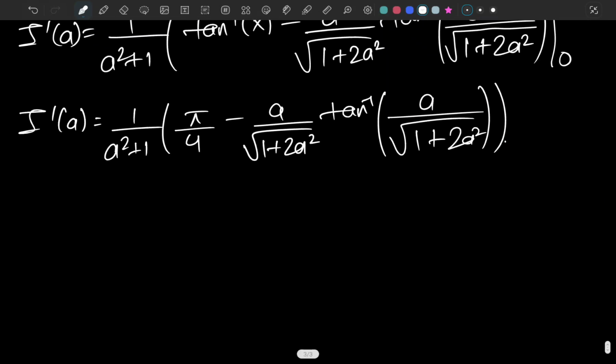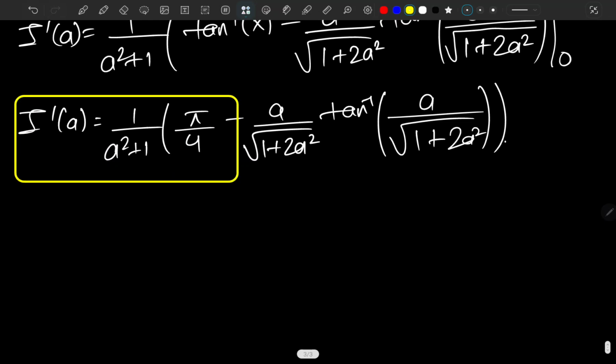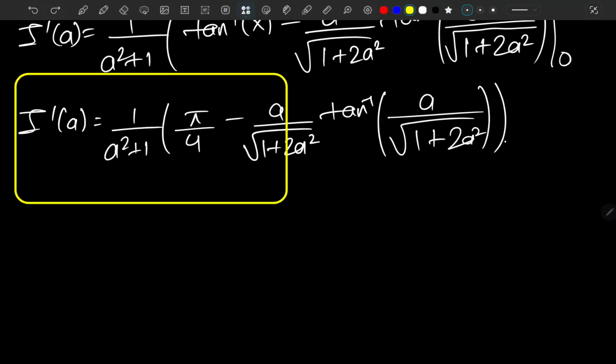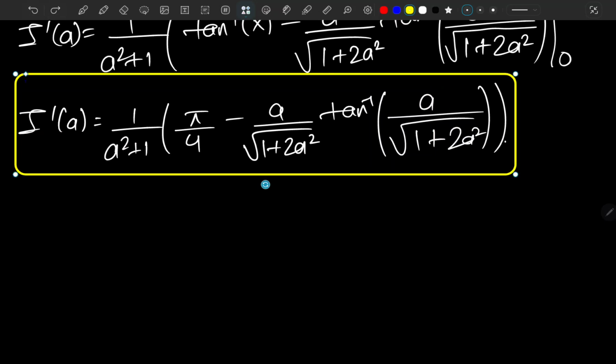Okay, and now this is our I prime of a, and this is the final result that we are dealing with, right? So this is the final step for I prime of a.